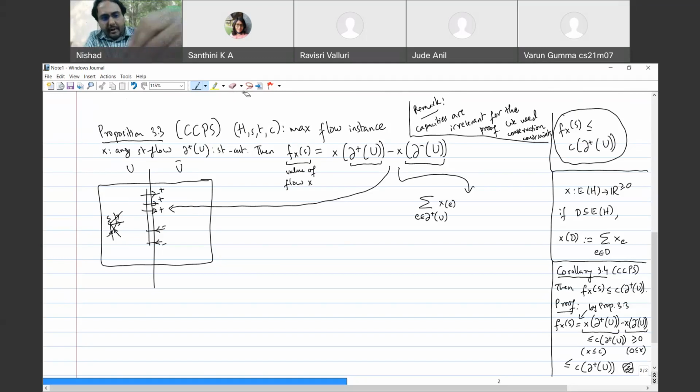I'm not writing a bracket generally, so let me just remove the brackets. And we are subtracting, for all the arcs in partial minus U, their x_e values. And we want to show that this quantity is exactly equal to this quantity.